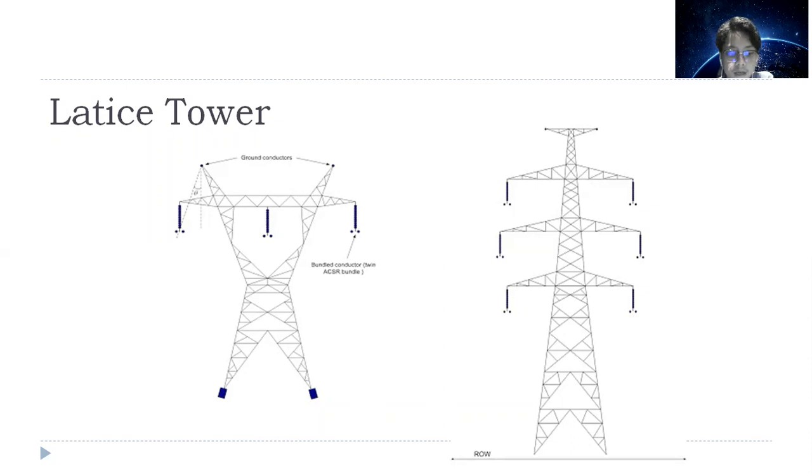That is the shield angle, providing protection to the conductor from lightning. This angle should be less than 30 degrees. In the figure, the phase conductor uses the bundled type.